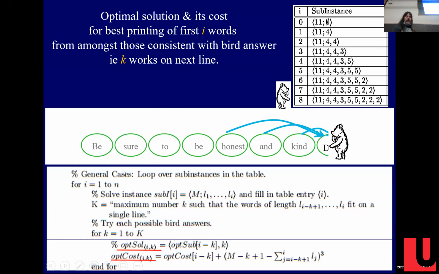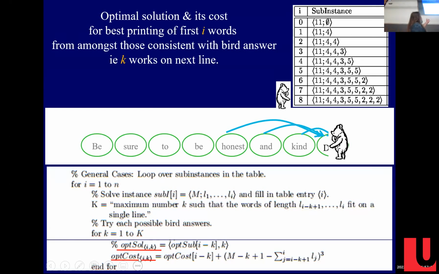So this notation here, if you're trying to write code like this, which you probably will be, you might want to copy this from me. Why?